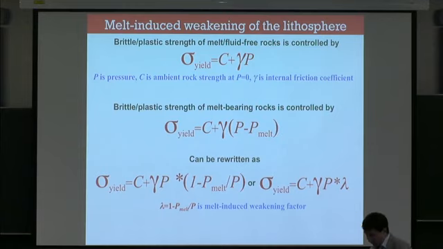Now the question is, if our lithosphere is subjected to repeated melt propagation episodes, which are very short-lived, and we would like to derive this lambda factor for a very extended period of time, what will we get? So imagine this happens within 1 hour.